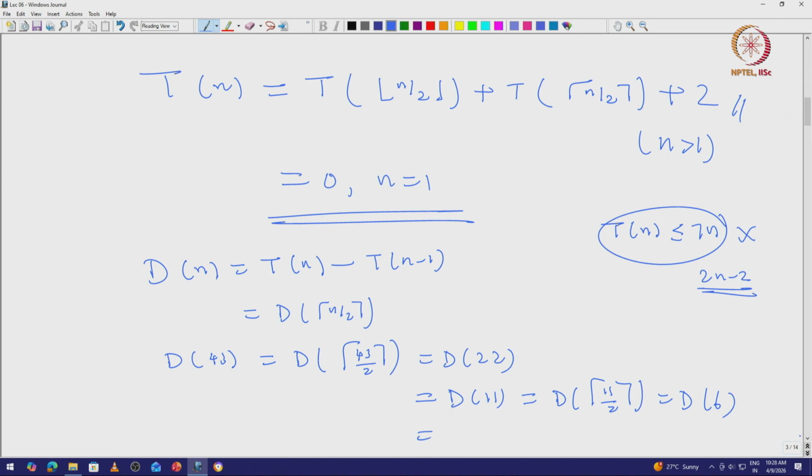D of 6 is the same as d of 3. D of 3 is the same as d of 2. I can go on, but d of 1 is not defined, only d of 2 is defined, because d of 2 is T2 minus T1.